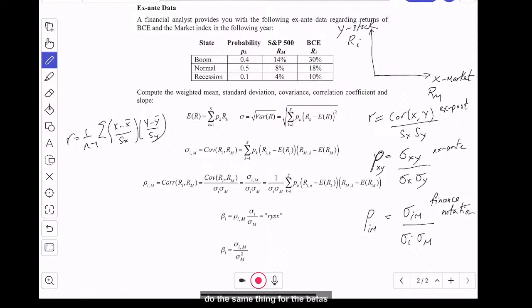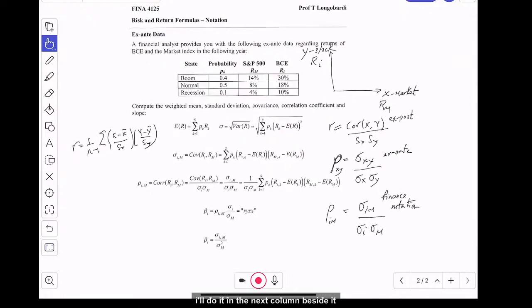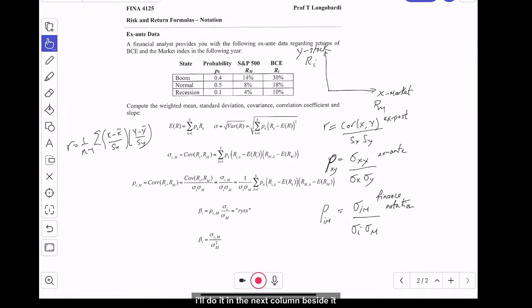Now I've done that for correlation. Let's do the same thing for the betas. I'll do it in the next column beside it. So for beta, or b, the slope, it's r sy over sx for ex post.